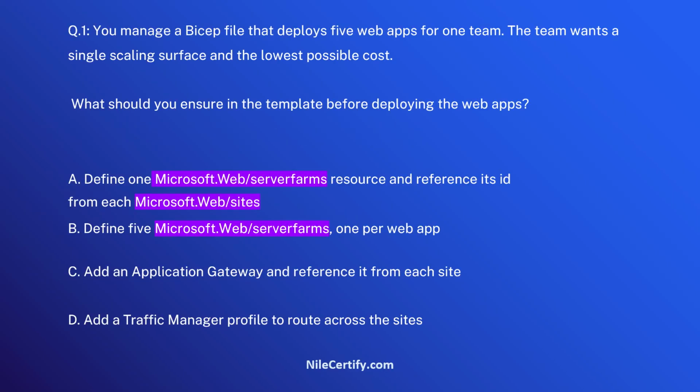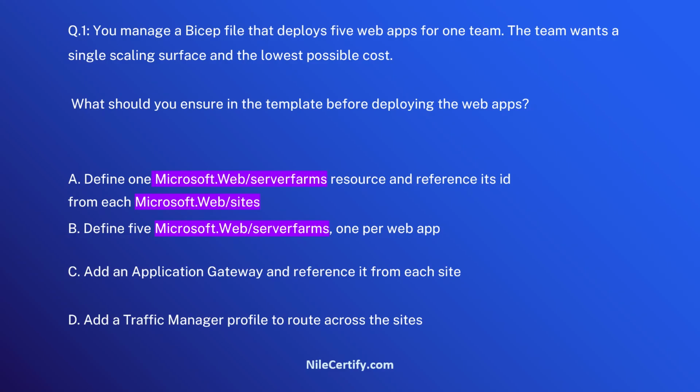The first question says, you manage a Bicep file that deploys 5 web apps for one team. The team wants a single scaling service and the lowest possible cost. What should you ensure in the template before deploying the web apps?